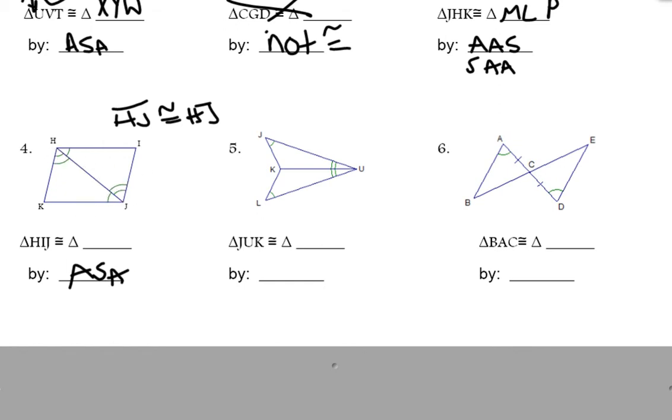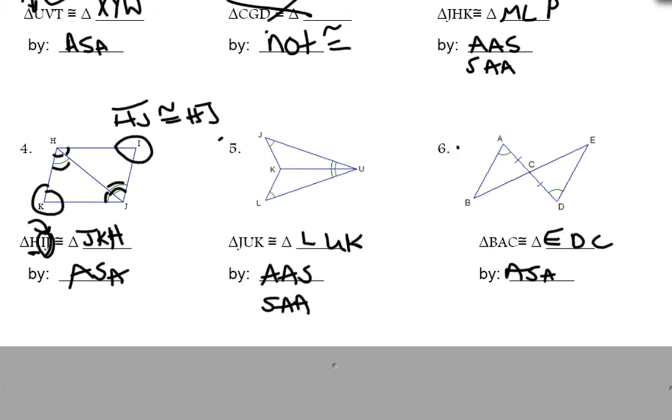And if we match up our angles, H has 1 arc, so it's going to match up with J in the other triangle that has 1 arc. I has nothing, so it's going to match up with K that has nothing marked. And J has 2 arcs, and that's going to match up with H that has 2 arcs.